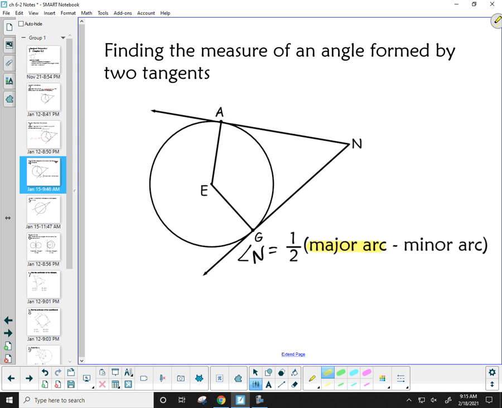We have a major arc, which is the biggest one, and then we have the minor arc, which is the smaller one. The only reason it matters to distinguish between major and minor is we don't want to end up with a negative measurement. So the bigger number minus the smaller number. So the formula is 1/2 of the major arc minus the minor arc.